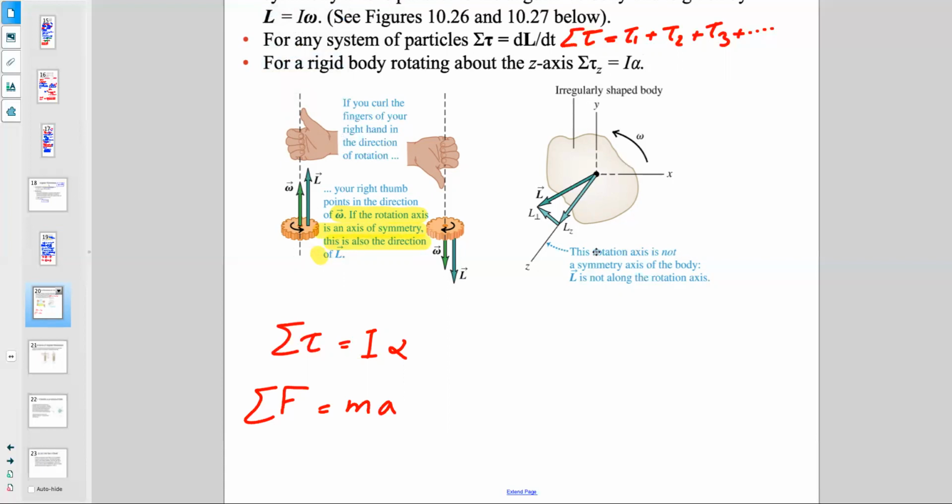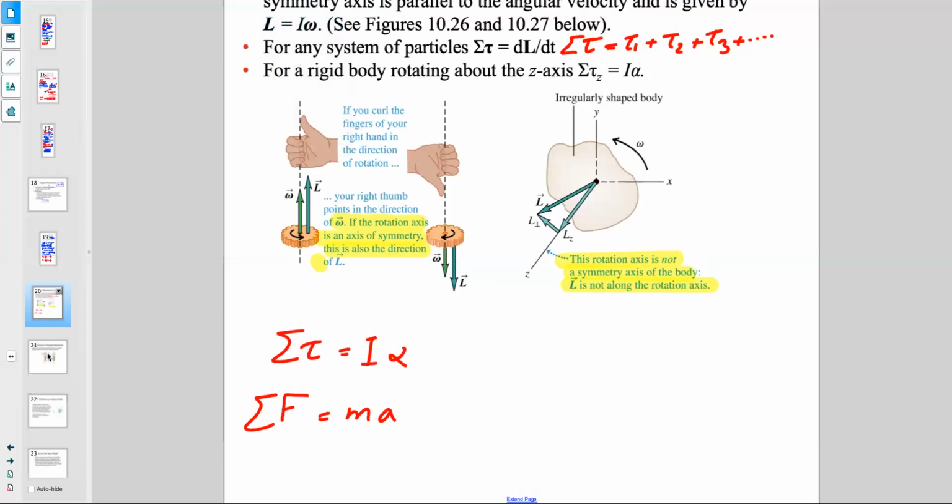But if the rotation axis is not the axis of symmetry of the object, then L is not along the rotation axis. It will have a different direction, with an angle of, for example, 15 degrees, 20 degrees.